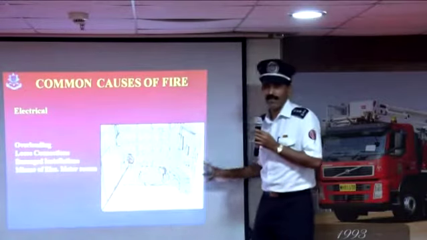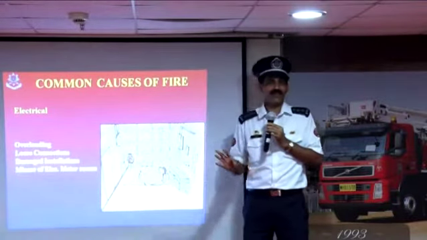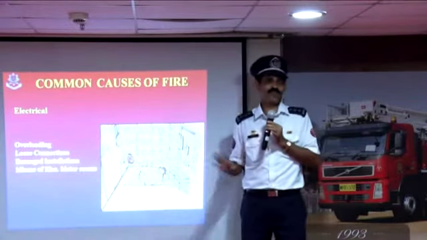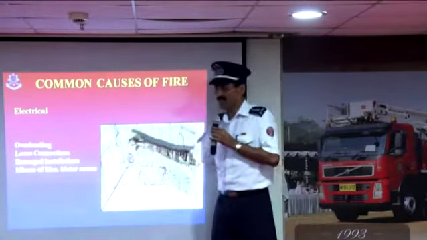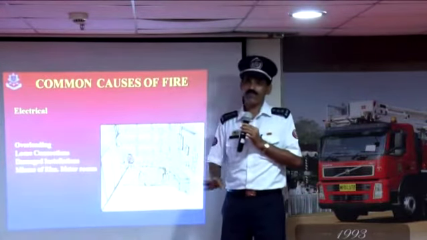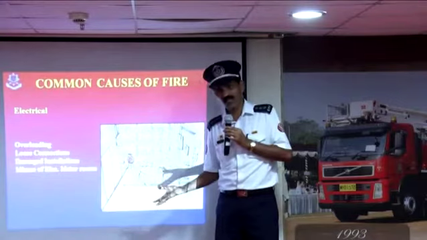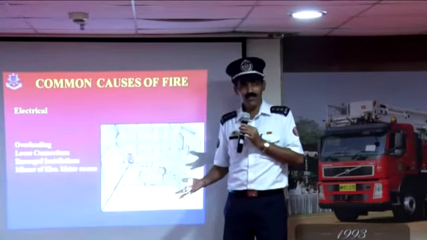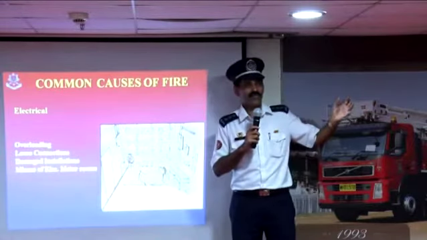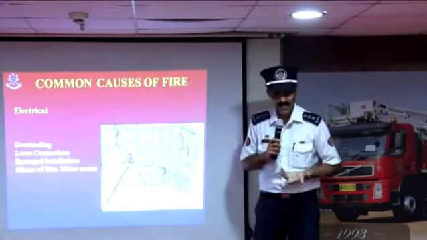Whenever we inspect high-rise buildings, we go first to the meter cabin, because people are using this meter cabin for keeping scrap material. They don't know what would happen, because all these meters are there and the consumer is using electrical power.